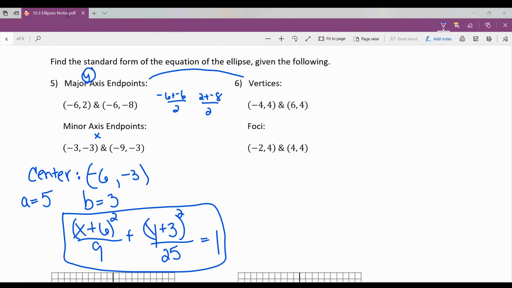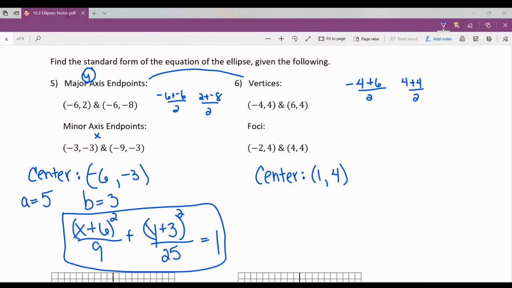My center is the first thing I want to find. So I'm going to take those -4 plus 6 and divide it by 2. So my center is going to be at 2 over 2 is 1, comma, 4 plus 4 divided by 2 is 4. So my center is at the point 1, comma, 4.